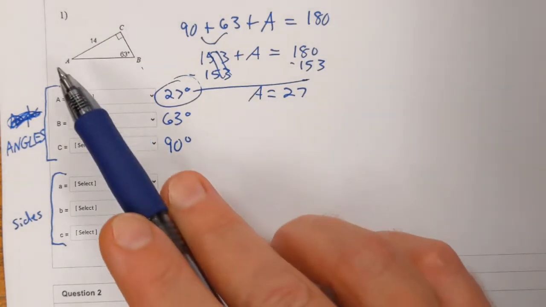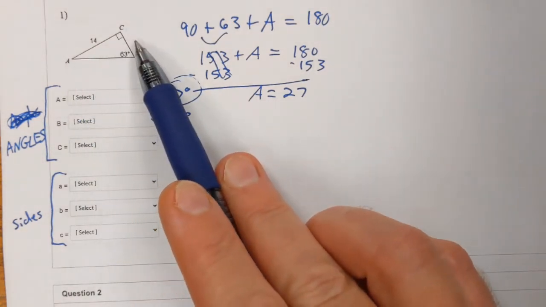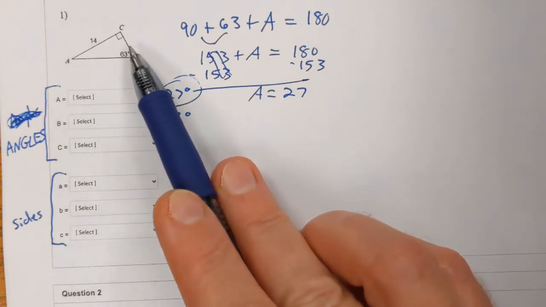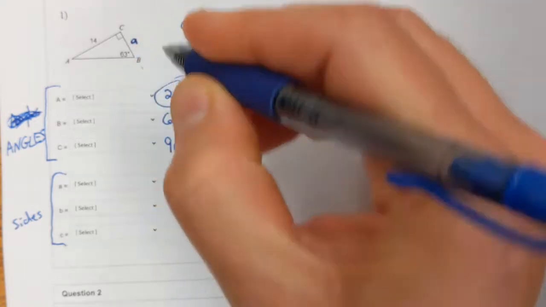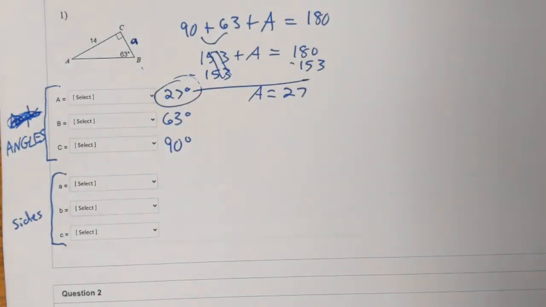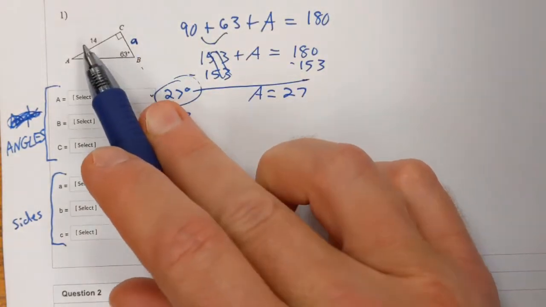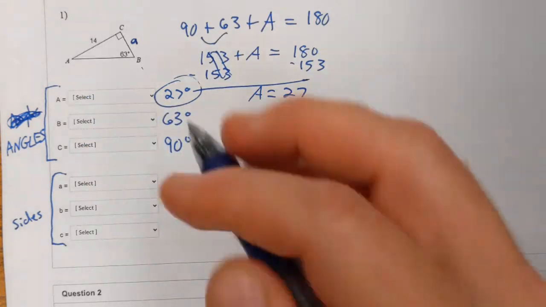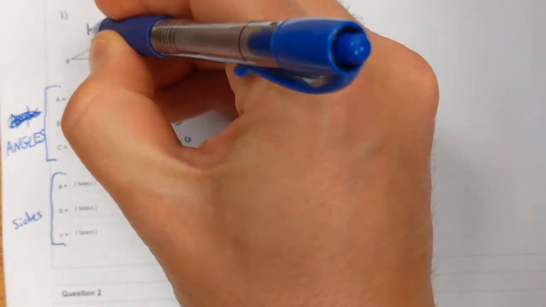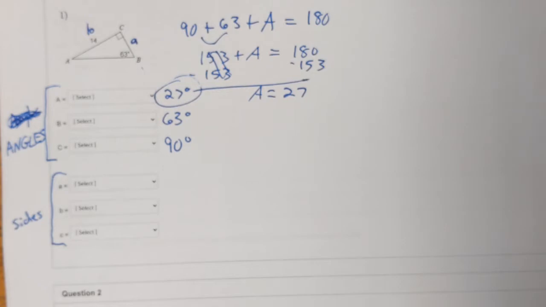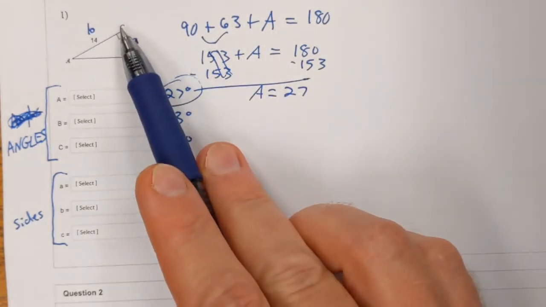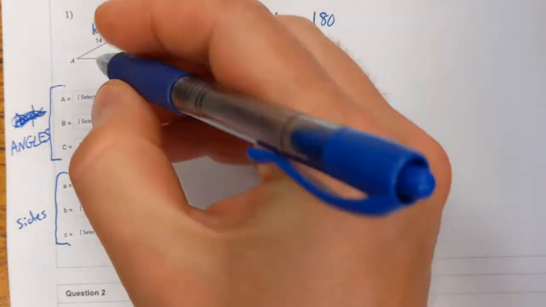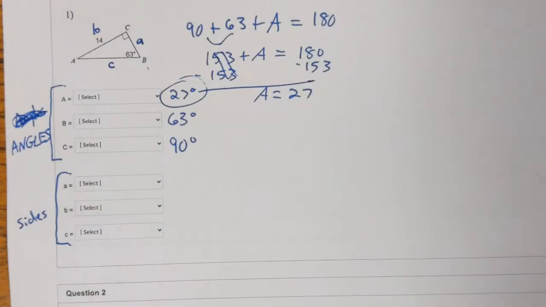Since my angle A is right here, I'm going to go all the way across from that angle. The side farthest away from angle A is called side little a, lowercase a. Likewise, my angle B is right here, so I travel as far away as I can from that. That means this side that's 14 units long is going to be side little b. And then my angle C is right here, the 90-degree angle. That means my hypotenuse is going to be little c.